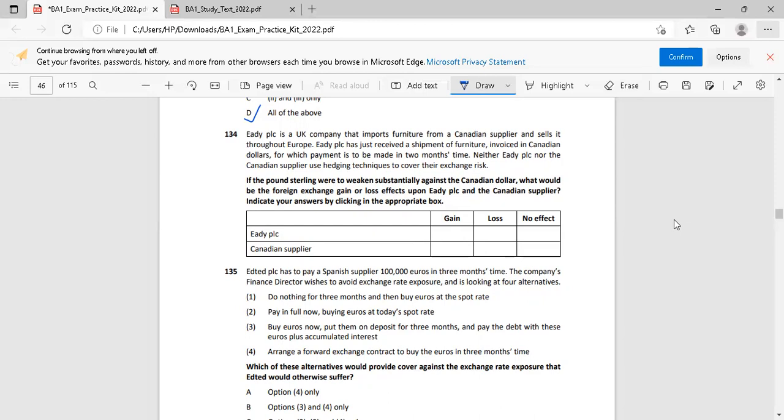First situation: if the pound sterling were to weaken substantially against the Canadian dollar, what would be the foreign exchange gain or loss effect upon EDPLC and the Canadian supplier? Indicate your answer by clicking in the appropriate box. So take time to think about it and then give the answer.